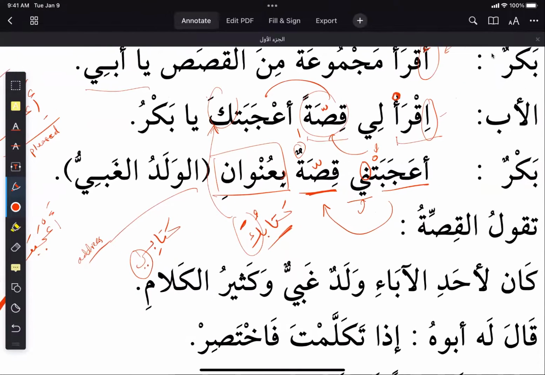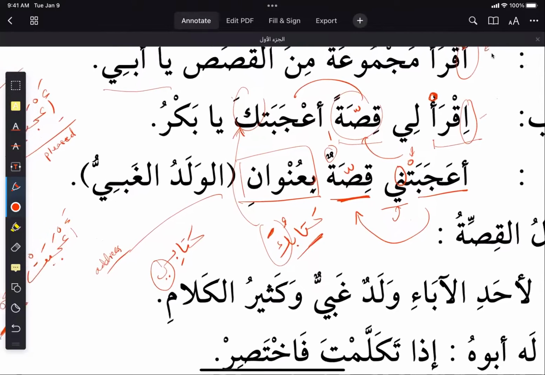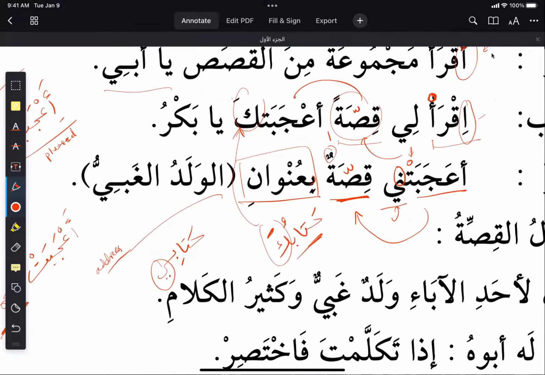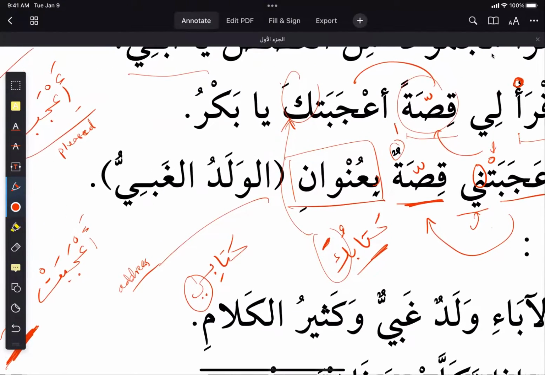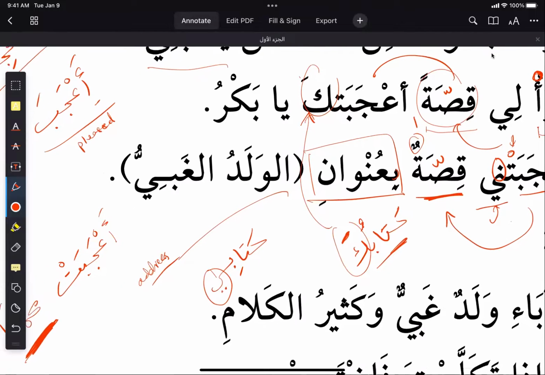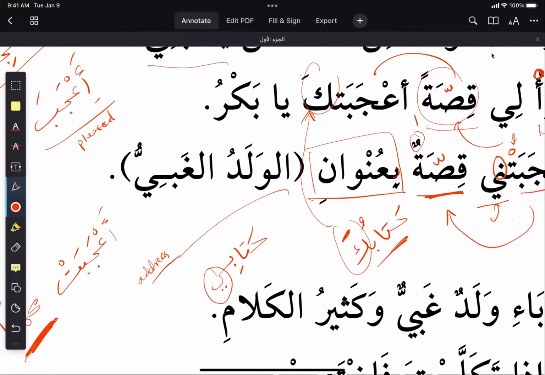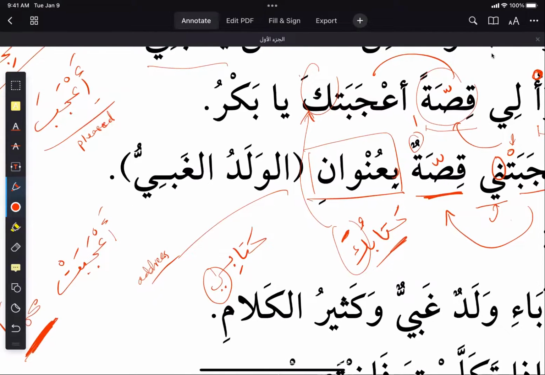So the story, a story that pleased me, is by the title of what? Al-waladu ghabi. What is ghabi? Anybody know? Ghabi is like someone who's not that bright. The proper word would be stupid.